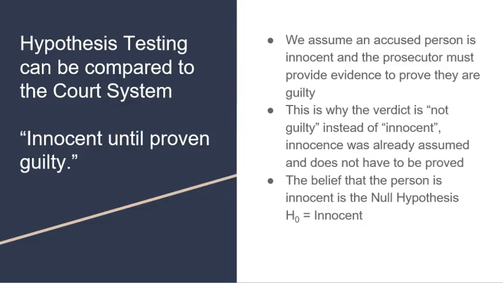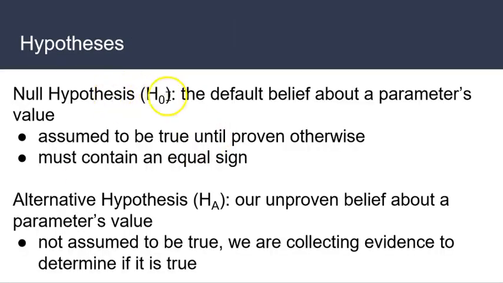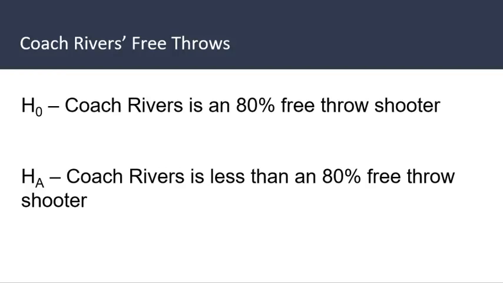We're going to assume innocence unless we have convincing evidence that you're guilty. That's why when they give the verdict in court cases, they either say guilty or not guilty. They don't say the person is innocent because it's not your job to prove that you are innocent. That is assumed. So it's not our job to prove the null hypothesis. It is already assumed.